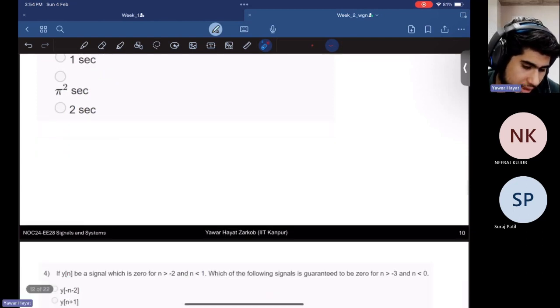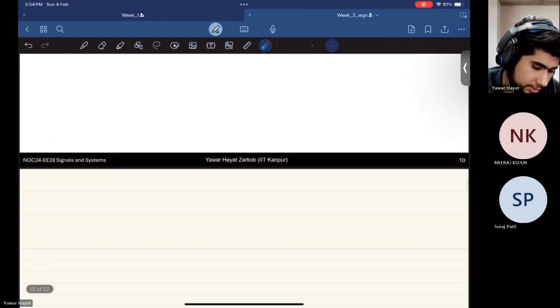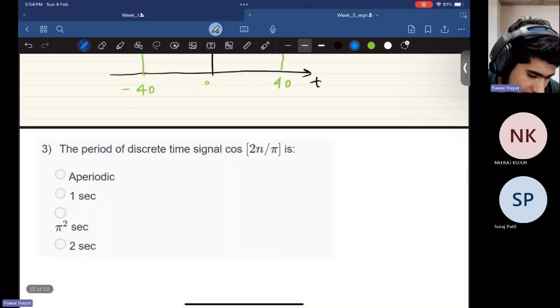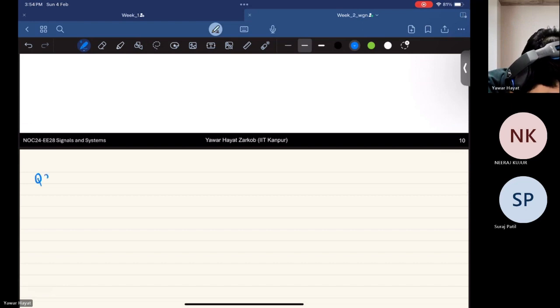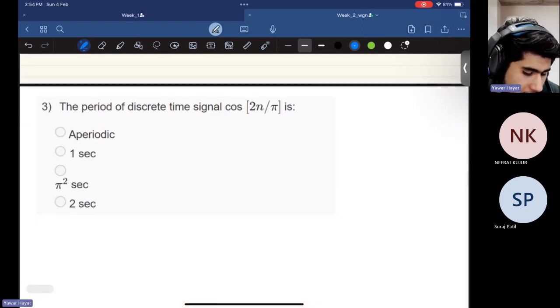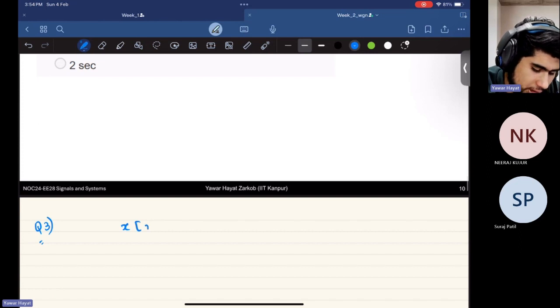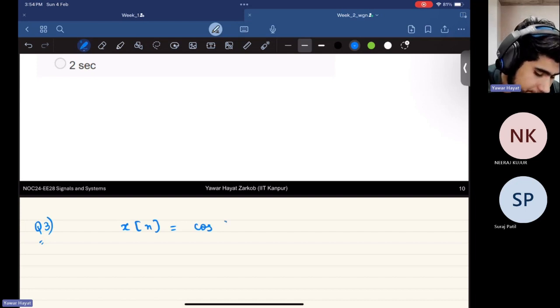Okay, I guess that is sufficient time, let's see how this signal is aperiodic. Question number 3. The period of this discrete time signal cos of 2n by pi. x of n is cos of 2n by pi.